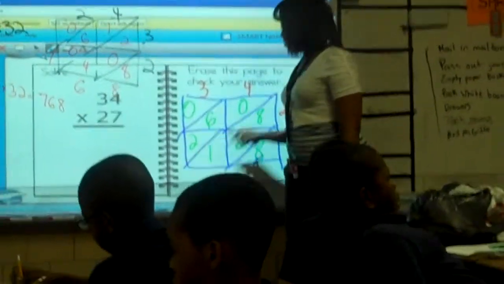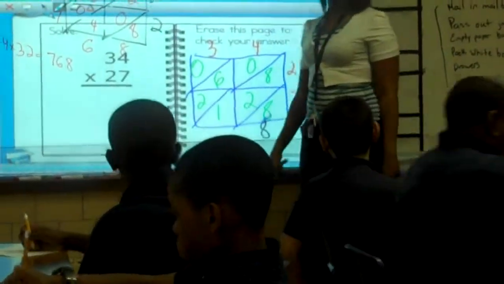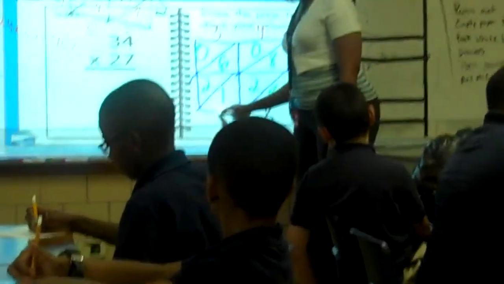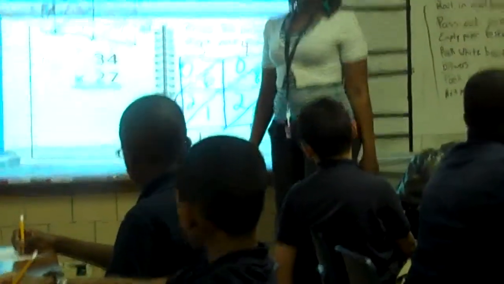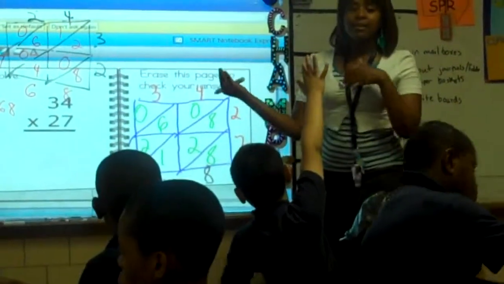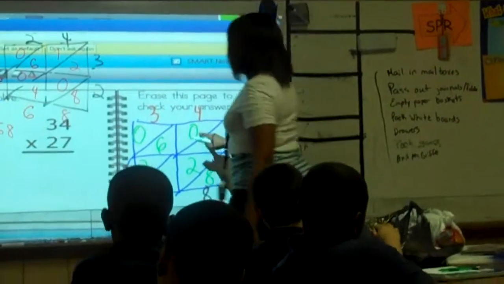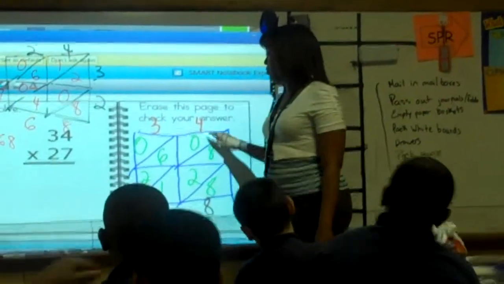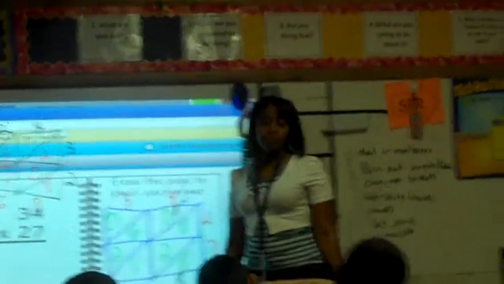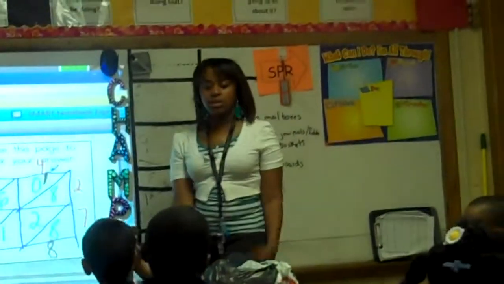Okay, then right here, 8 plus 2 plus 1. 11. So I put my 1 here, and someone asked me, what do I do if it's a 2-digit number? You do what? Carry. So I carry it over here to the next diagonal. Just like I do in addition, it's just diagonal.